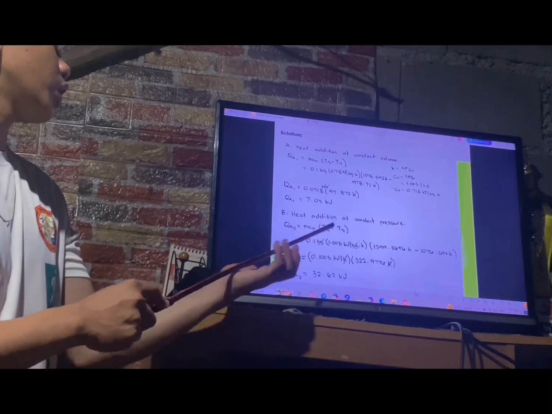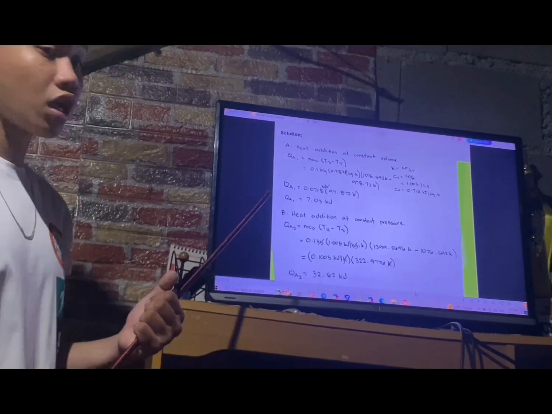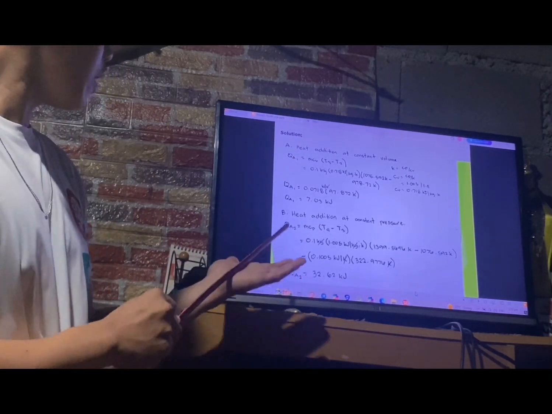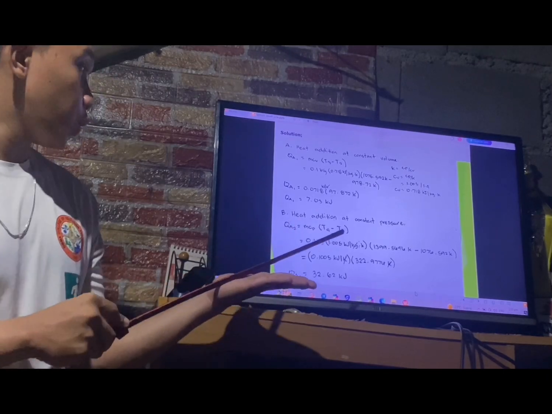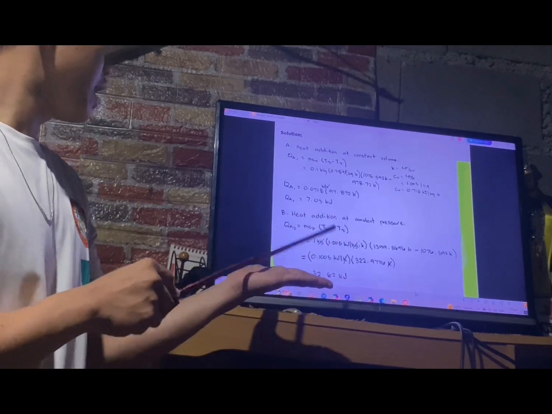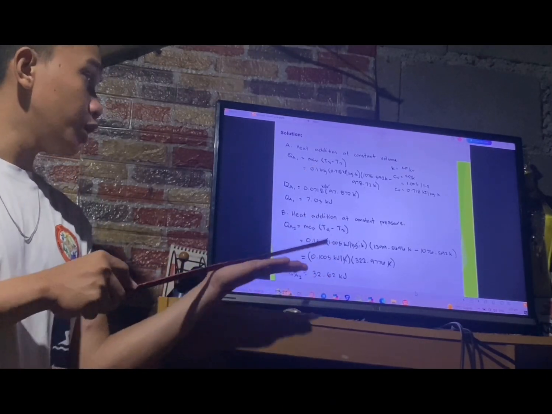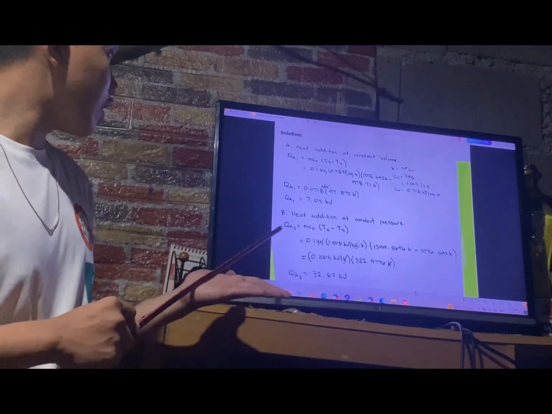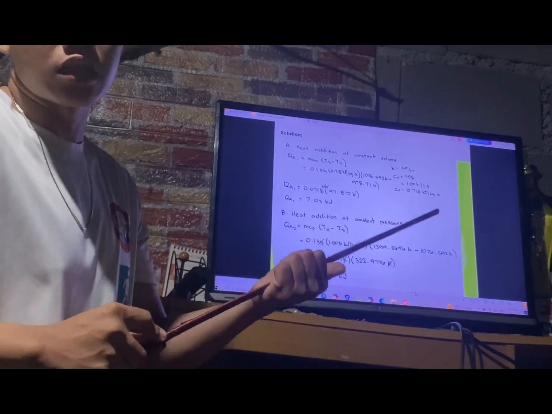So we already have the value of heat addition at constant volume. Now let's proceed to heat addition at constant pressure. We have this formula: QA2 is equal to m Cp (T4 minus T3). We use Cp here because this process is constant pressure.